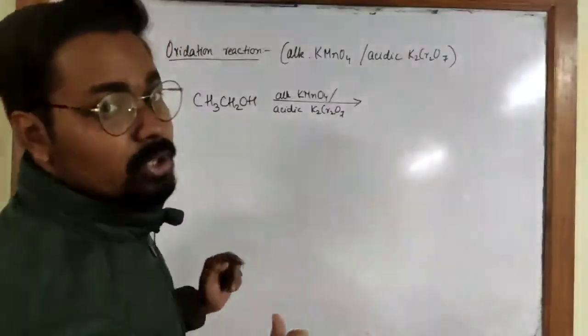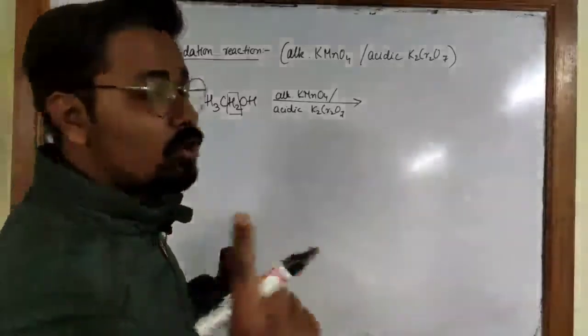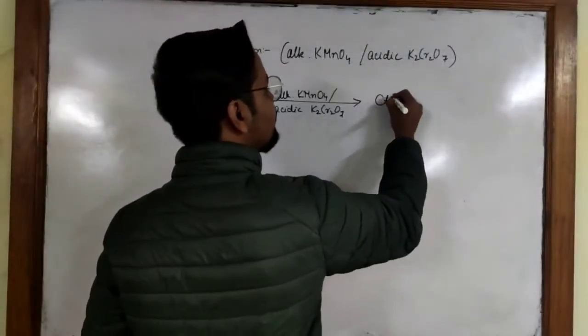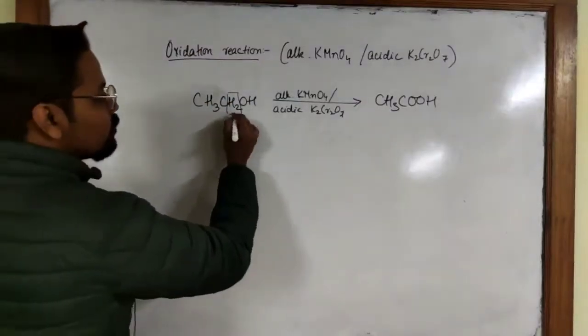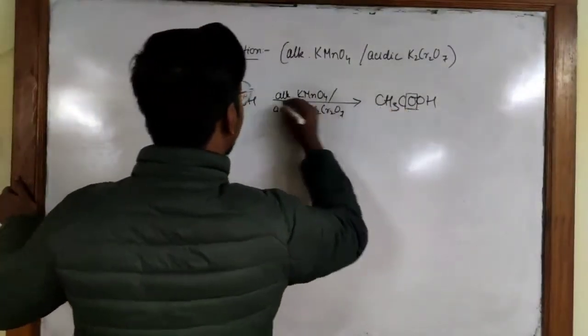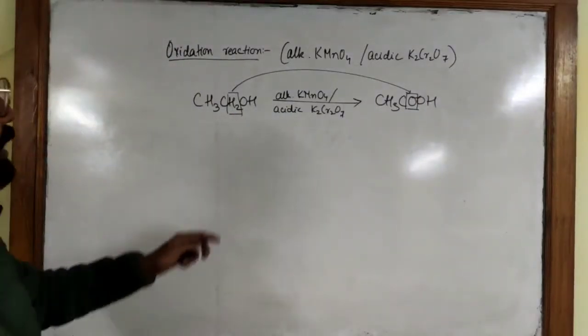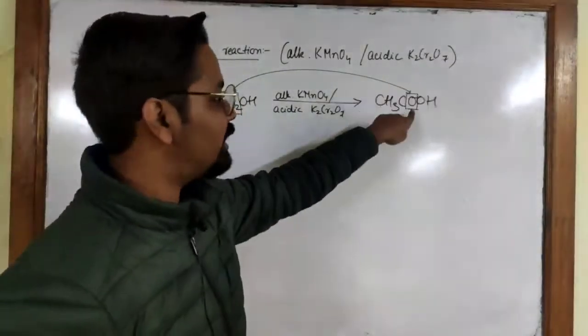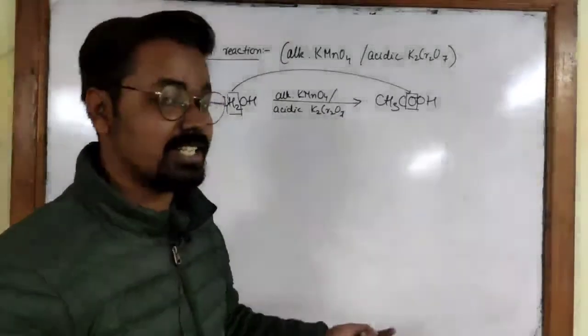It will be oxidized. The H2 here will be removed and replaced with oxygen, so what we form here is CH3COOH. Since hydrogen has been removed and oxygen has been added, this is an oxidation reaction.